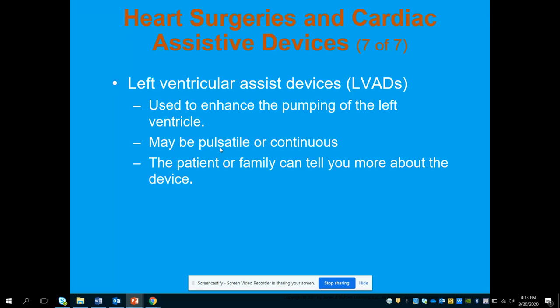They need to go back to that hospital. And usually they have a phone number for their coordinator, and that's who you want to call and get in touch with. So if you're transporting the patient and it is in regards to something cardiac related going on with the LVAD, then we want to give them a call and let them know that we're coming in and see if they have any additional instructions for us.